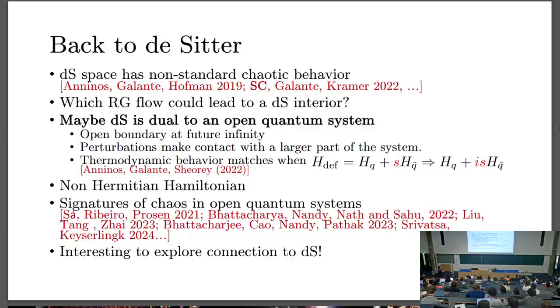So it's not clear at all what this means, a Hamiltonian with this i inside, some non-Hermitian Hamiltonian, but sometimes there are this type of non-Hermitian contribution involved with open quantum systems, so these all are hints towards the fact that we need to consider open quantum systems in this context.